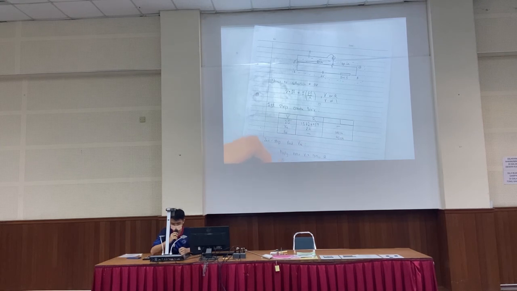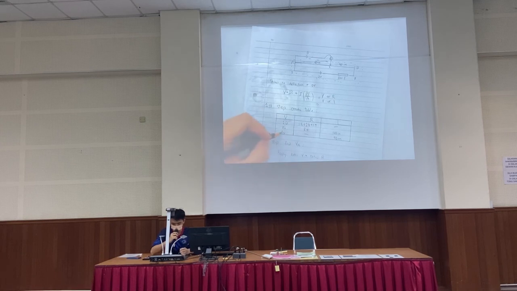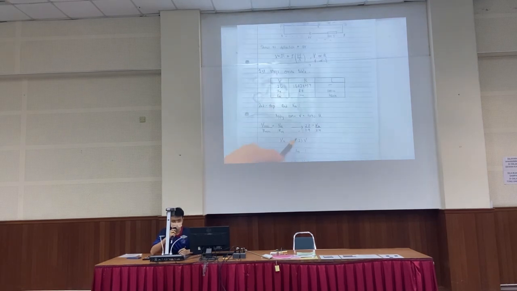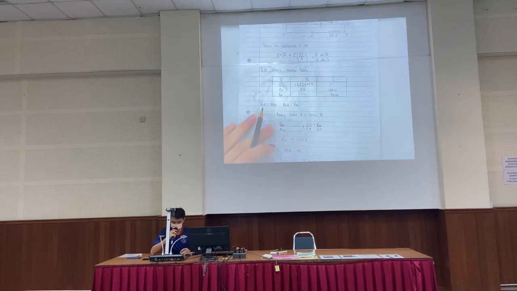Here V PQ we don't know, so we leave it like this. And for R PQ, we know that it's 2.4 only. So by moving 2.4 to here, we get V PQ equals 1.23 volt.